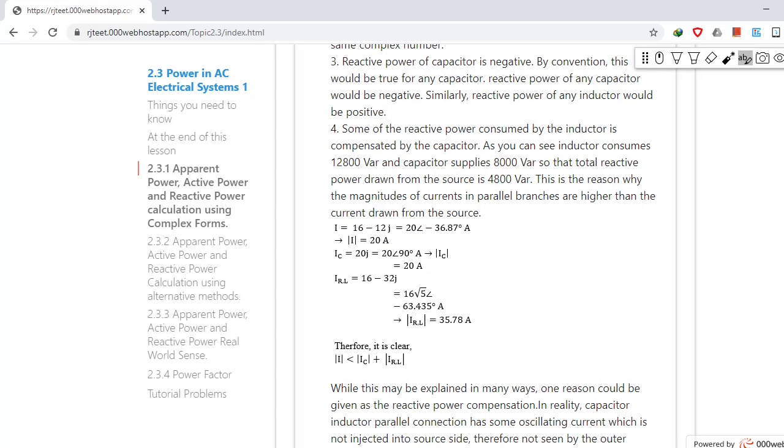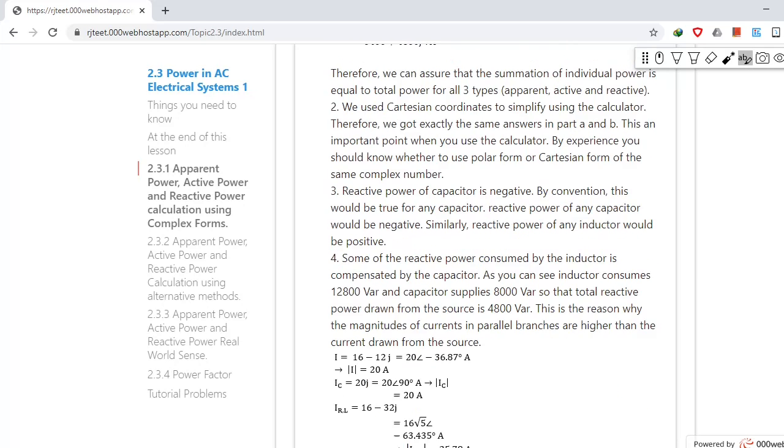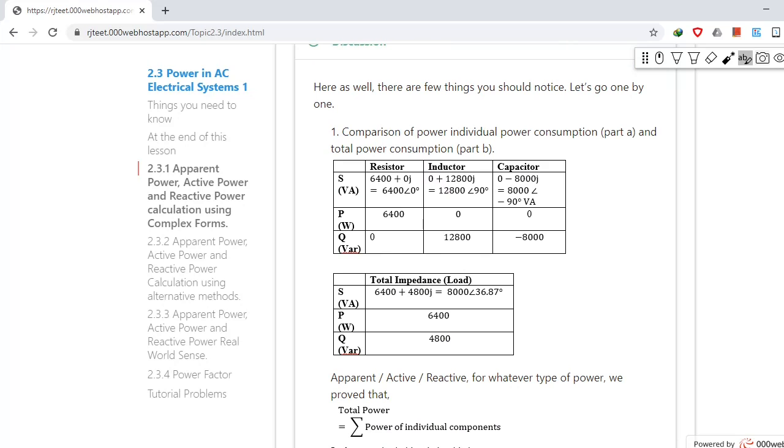And as the fourth point, we saw that some of the reactive power is consumed by the inductor. The reactive power of the inductor is 12,800, and the capacitor has a negative 8,000, which means it's delivering some of the power consumed by the inductor.